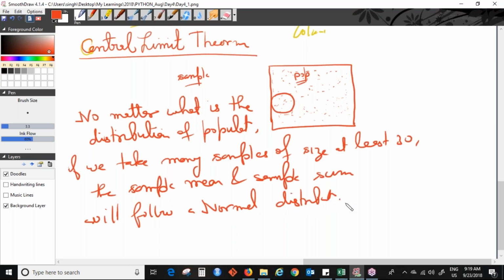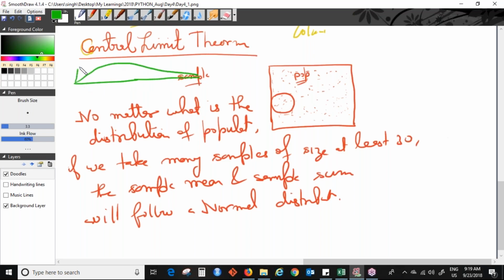This tells us that no matter how your population distribution is, let's say you want to see the income of a software professional in Bangalore. The distribution of the income of all software professionals in Bangalore may not be normal. Most usually it will not be. It may probably look like this.